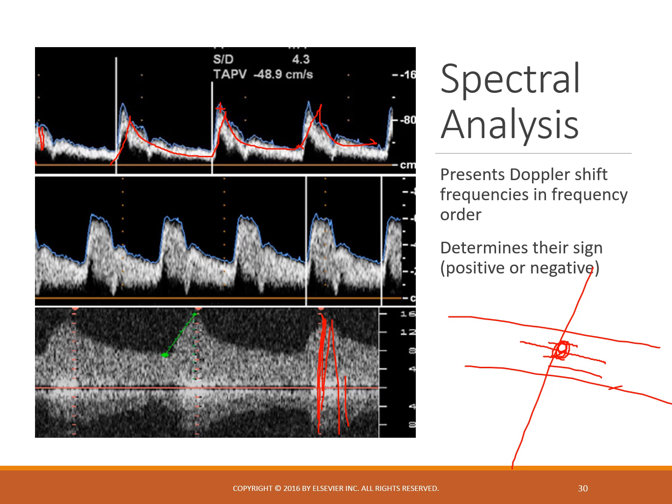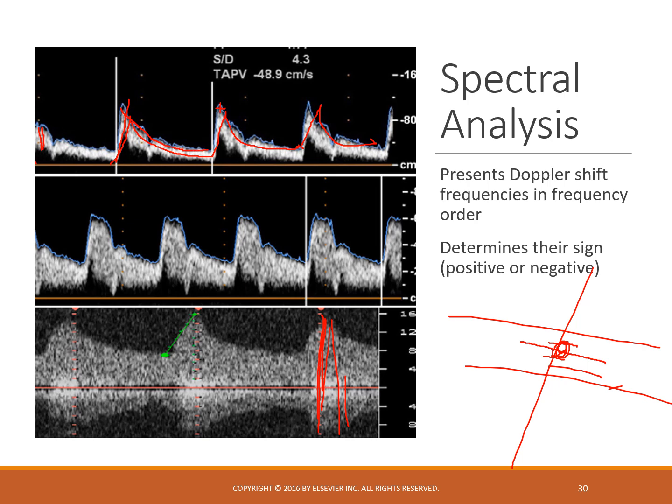If I look at this waveform, there are a couple of things I can note. First of all, I have a swift systolic upstroke, which means I have pretty good pressure moving that blood flow forward. Then I have an early diastole. It drops off, and yet I never lose forward motion. It always stays above the baseline, all the way through end diastole.